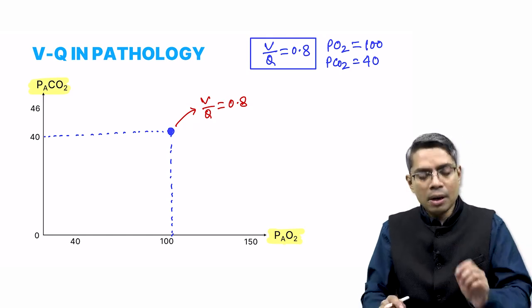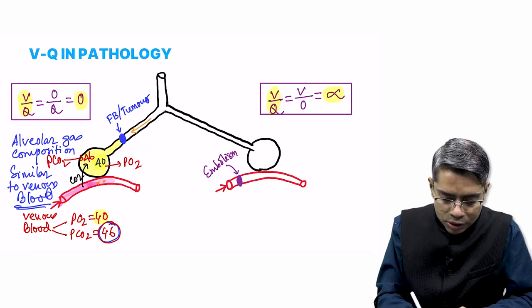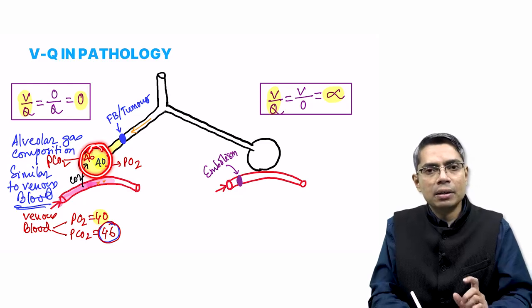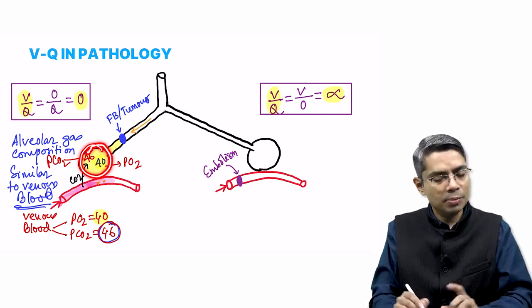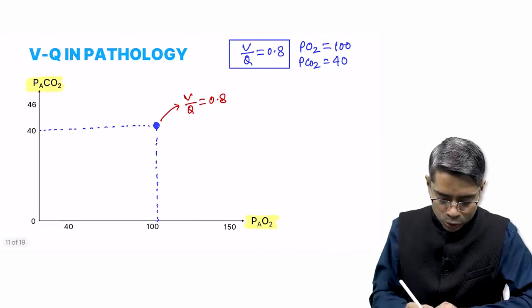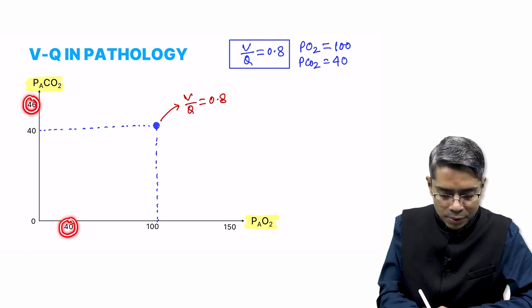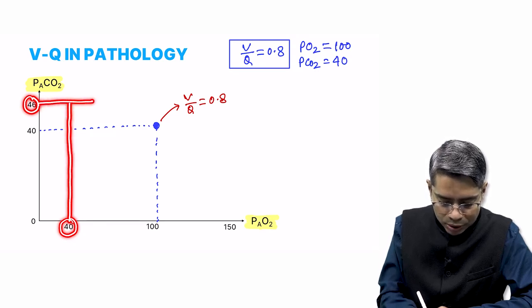Got it? Now, just now we have understood that whenever our VQ ratio is 0, what will be the composition of this alveolar air? Partial pressure of oxygen is 40, partial pressure of carbon dioxide is 46. So you take one perpendicular on this point and you draw one perpendicular on this point.